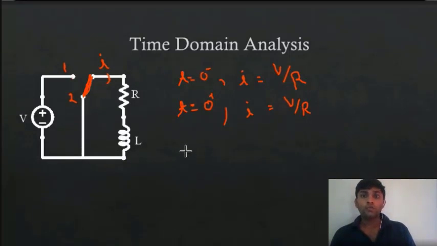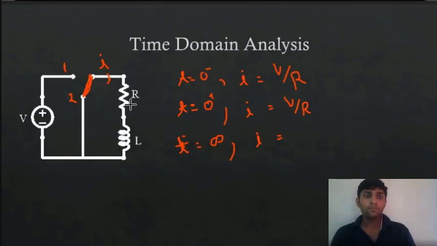Then can you tell me what will be the current at t equal to infinite, at steady state? Yes, Vishal Yadav is correct. At t equal to infinite, at steady state, you can observe from the circuit that there is no supply.